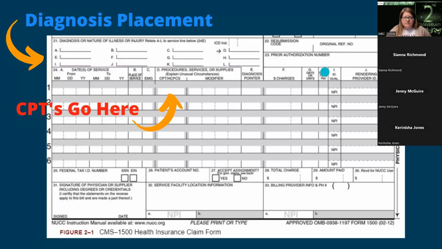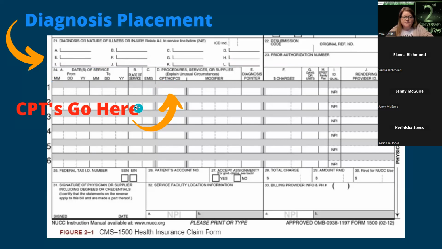Okay. All right, so this is a portion of a HCFA 1500 claim form. Once you've got your coding figured out, you're ready to fill out a claim form and send it off to the insurance. You can see on this one, CPT and HCPCS codes go here.